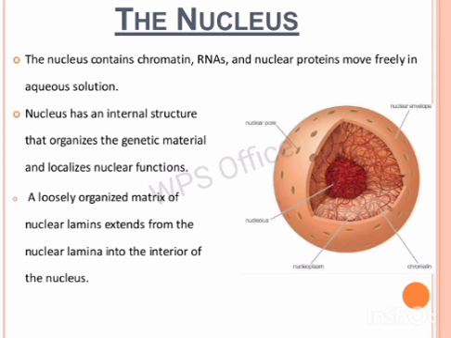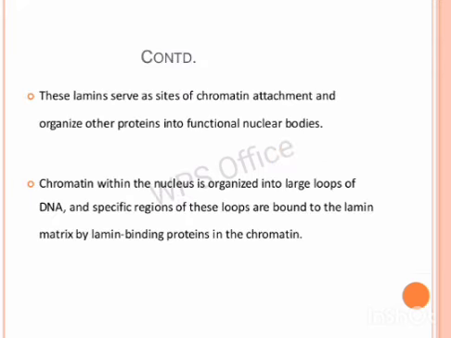The nucleus contains chromatin, RNAs, and nuclear proteins that move freely in aqueous solution. The nucleus has an integral structure that organizes the genetic material and localizes nuclear functions. A loosely organized matrix of nuclear lamina.